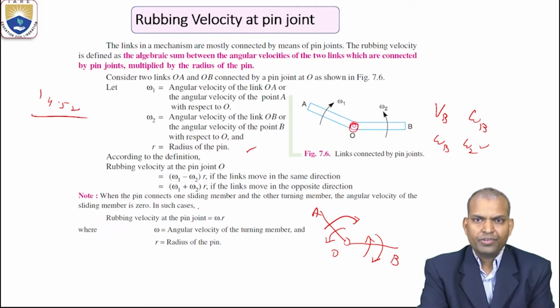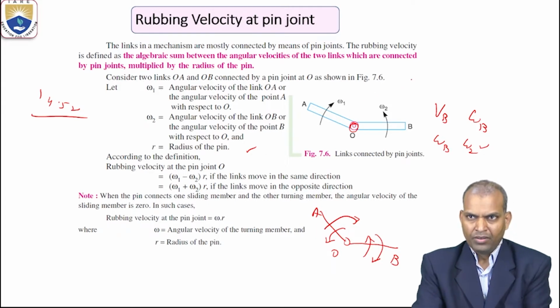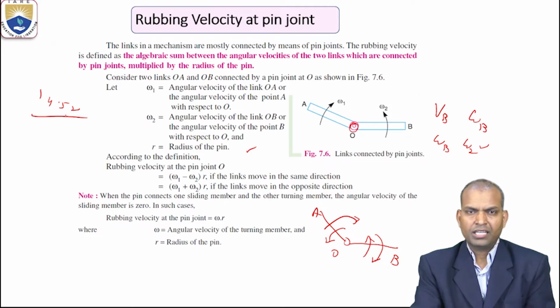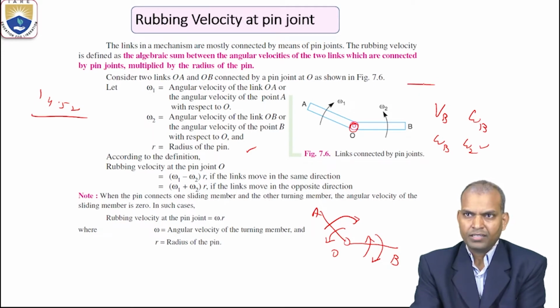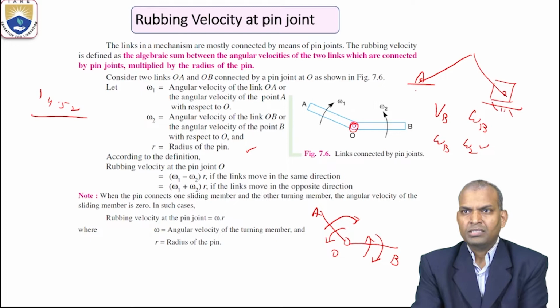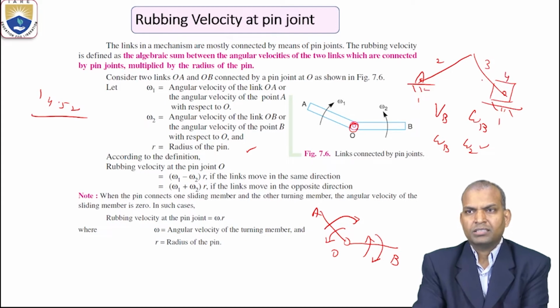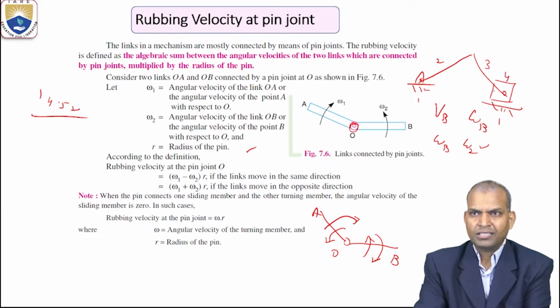This type of case is observed in a slider crank mechanism, where the slider is connected to the connecting rod. This is a slider crank mechanism, links 1, 2, 3, 4. Here link 3 is connected to link 4, the slider.